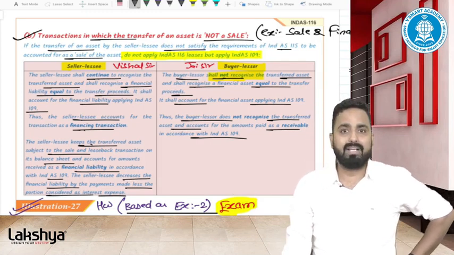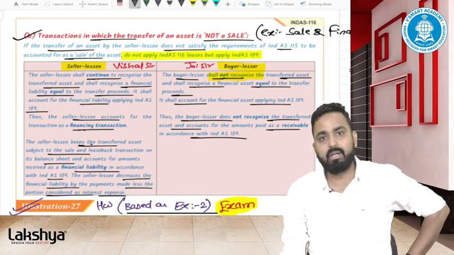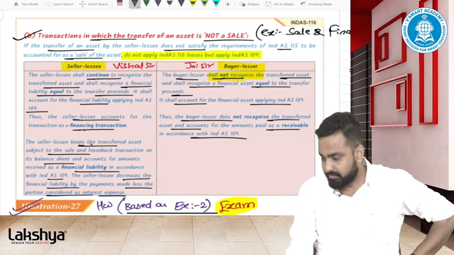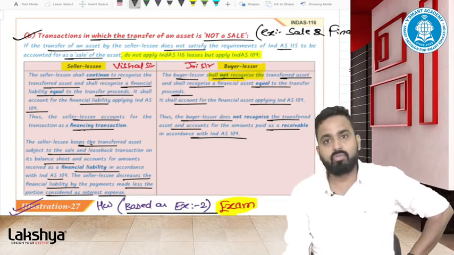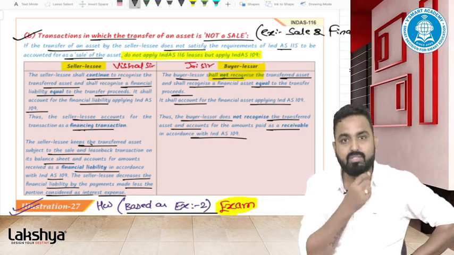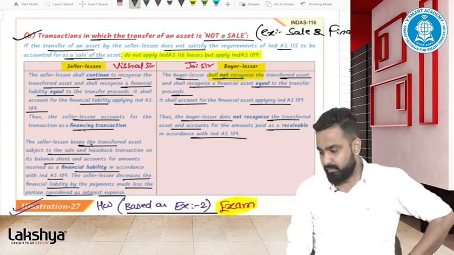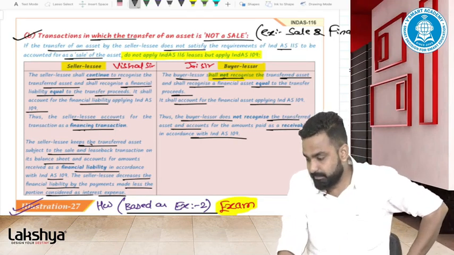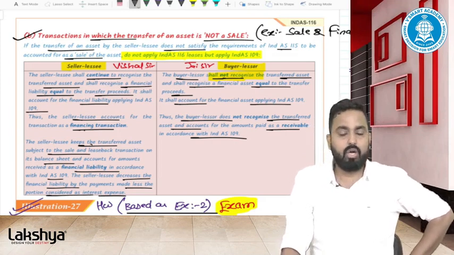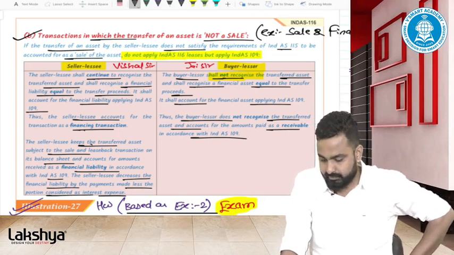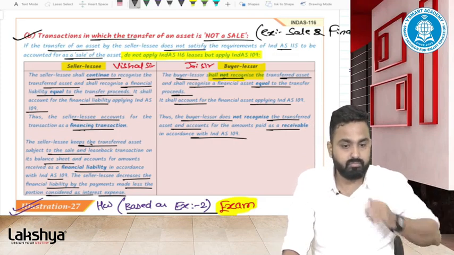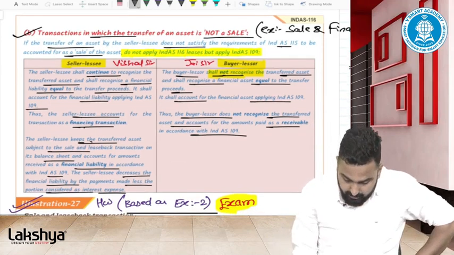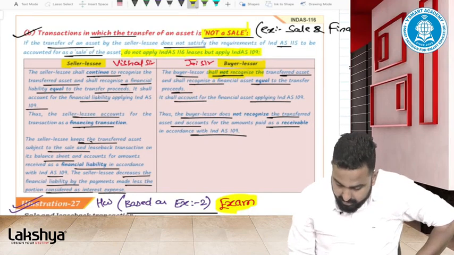The sale has not happened because the control is not passed on. Understood? Actually, there is no sale.